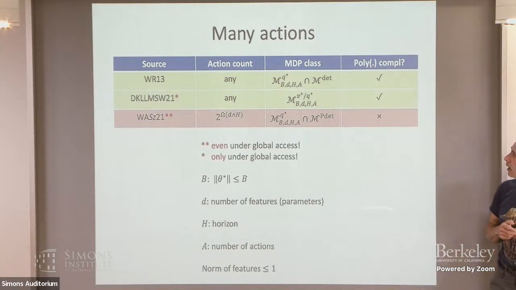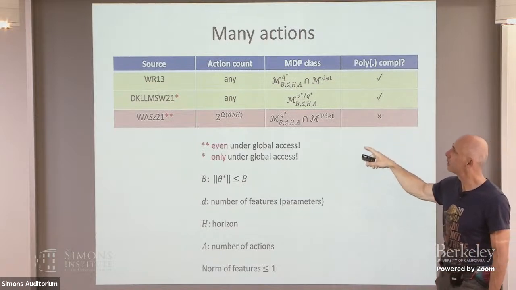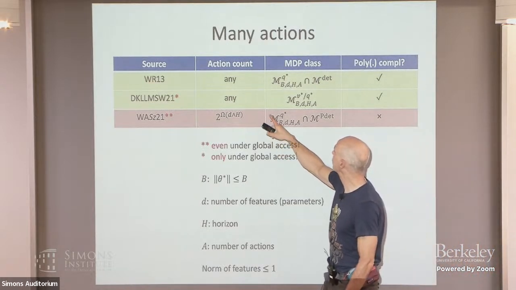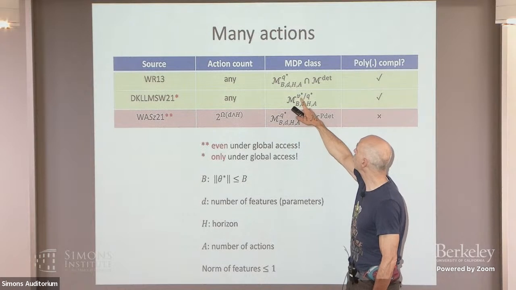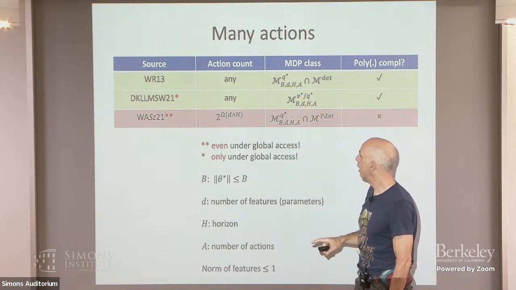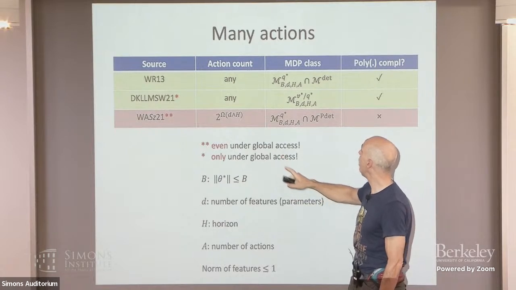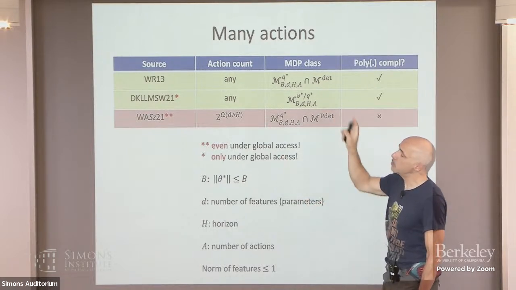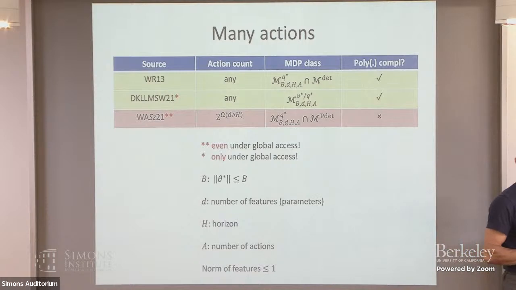All right. And now here is the shock. If you have any number of actions and you have both V star and Q star realizability, and you have global access, then you can do it. That's pretty interesting and quite surprising.